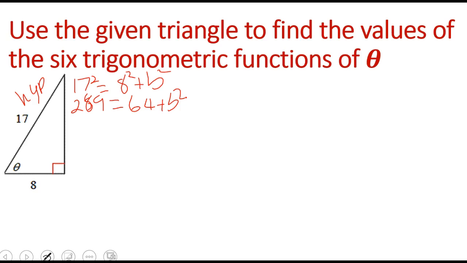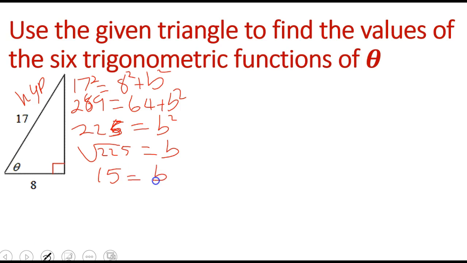Now we subtract 64 from both sides. We get 225 equals b squared. Take the square root of 225 to get b, and it's a perfect square, so it's 15.